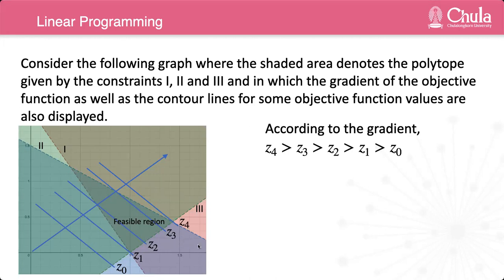And the third constraint defines this area, above the third line. Okay, so where is the feasible region? The feasible region is the intersection of all those 3 constraints, right? And then our feasible region is here.